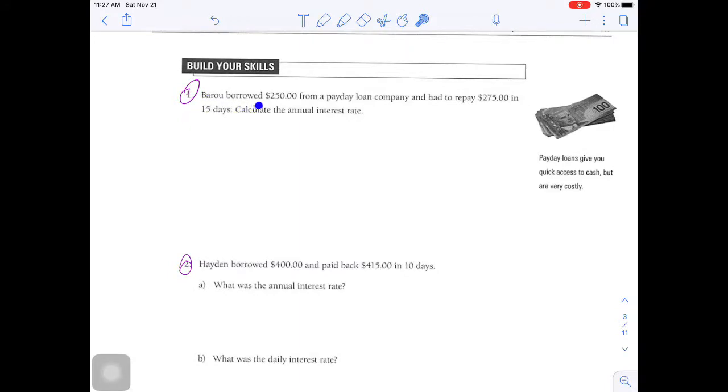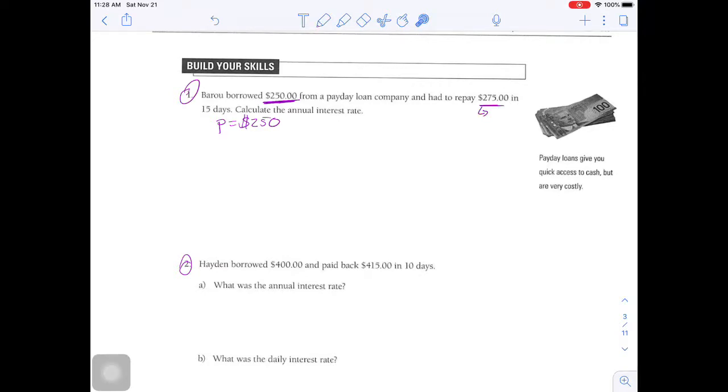Baru borrowed $250 from a payday loan company and had to repay $275 in 15 days. Calculate the annual interest rate. So he borrowed $250 and had to repay $275. So his P value there was $250 because that's initially what he took out. And then he had to repay $275.